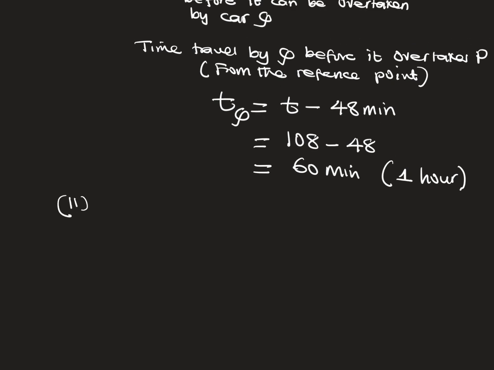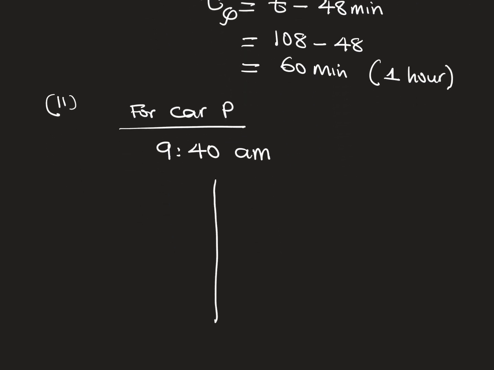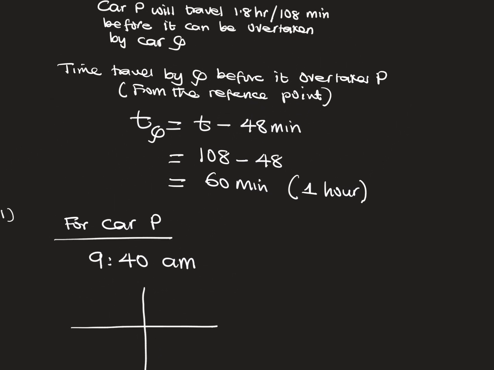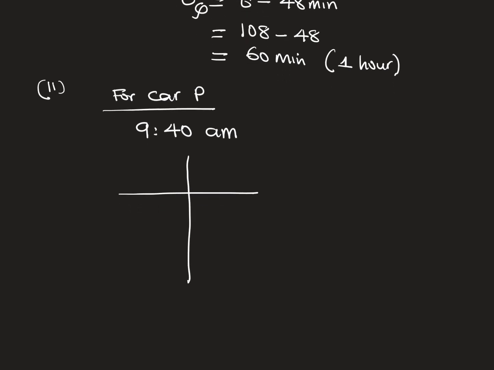Question 2. For car P, from the reference point, it passes the reference point at 9:40 a.m., right? And what was the time traveled by P from the reference point? It was 108 minutes, right? 108 minutes.